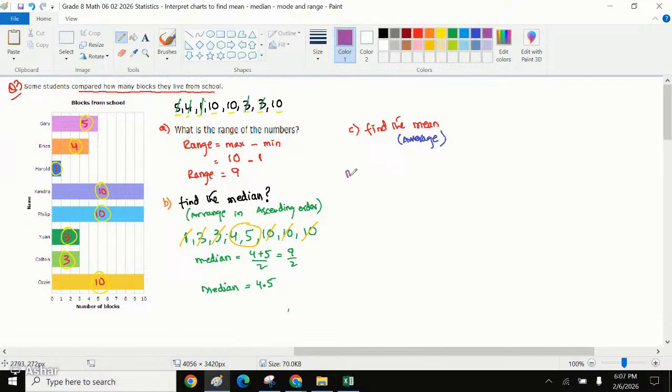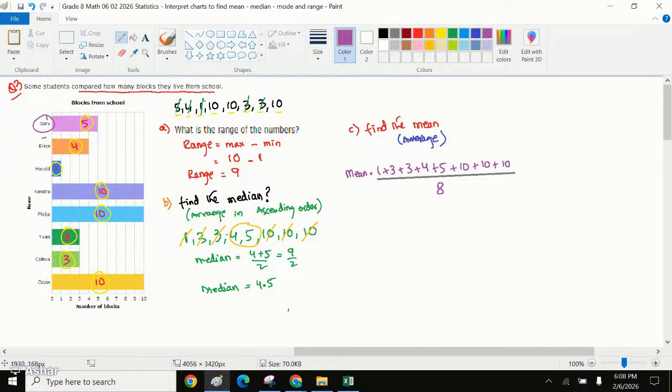So mean would be equal to 1 plus 3 plus 3 plus 4 plus 5 plus 10 plus 10 plus 10. And how many scores, how many students were being compared over here? 1, 2, 3, 4, 5, 6, 7, 8. So we simply divide by 8 students, right?